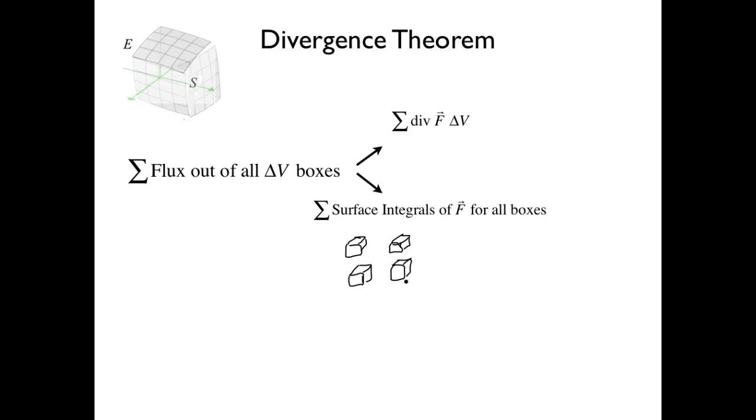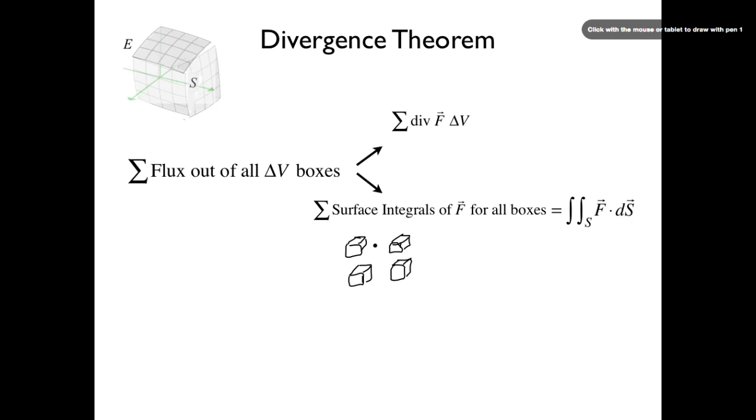Right. It's going to be what? The surface integral over S. It's just going to leave the outside. We saw this before with Green's theorem, that when you have them all next to each other, you have this canceling effect. In this case, the flux for this side on this element is going to be equal and opposite to the flux of that left side of that element. Cancels out.